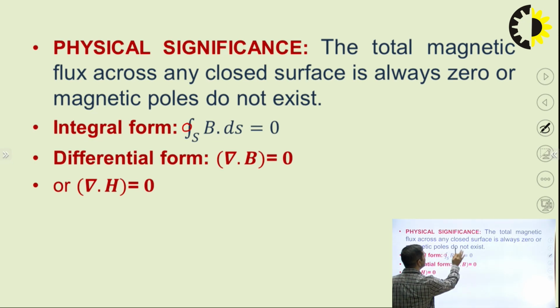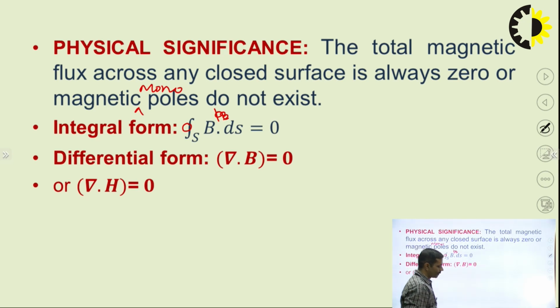The significance is that B dot ds over a closed surface S is the magnetic flux phi B. So the total magnetic flux across any closed surface is always 0, or magnetic monopole does not exist.